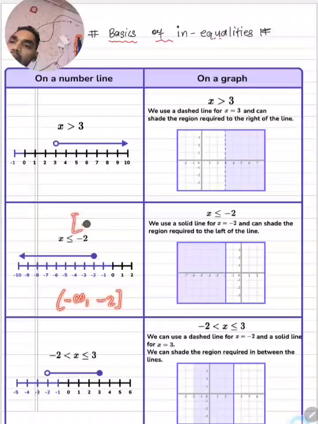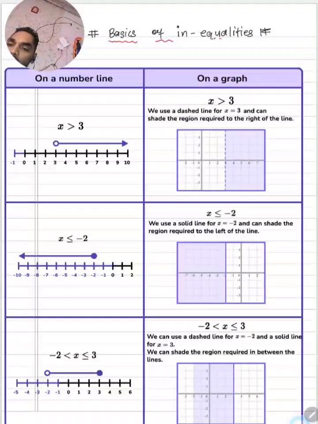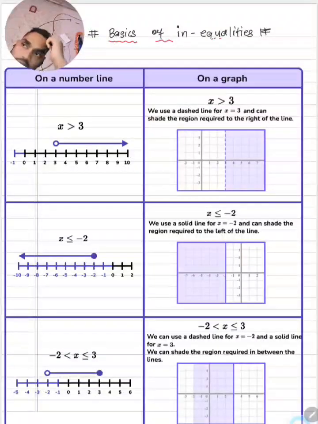If you write -2 to minus infinity, then it is totally wrong, because the left side value always indicates the lowest value. Okay, over here -2 is not included, 3 is included, so it should be written like this. So this is notation in the form of brackets.